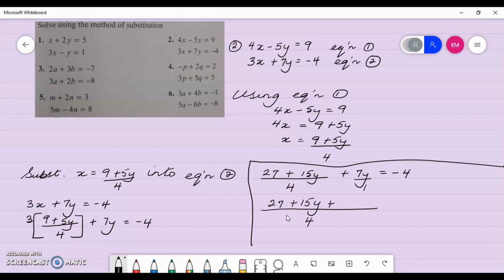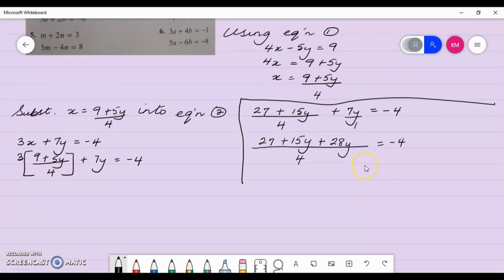Multiplied by 7 gives me 28y, and that is going to be equal to negative 4. So now I can add those two terms with y in it. So I'm going to get 27 plus 43y over 4 is going to give me negative 4.